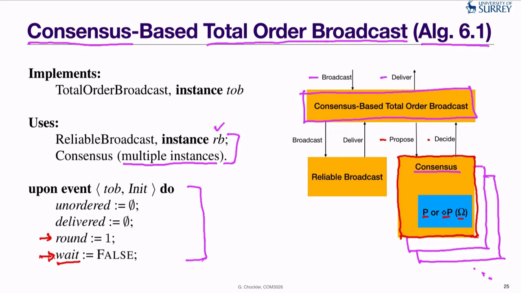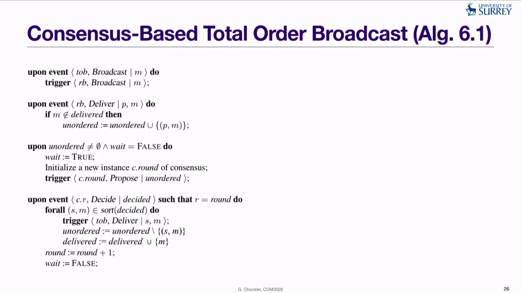Now let's see the actual pseudocode of the event handlers. So let's have a look at the event handlers. The first event handler here is activated whenever we get a request to broadcast a message from the upper layer, for example from an application implemented on top of the total order broadcast layer.